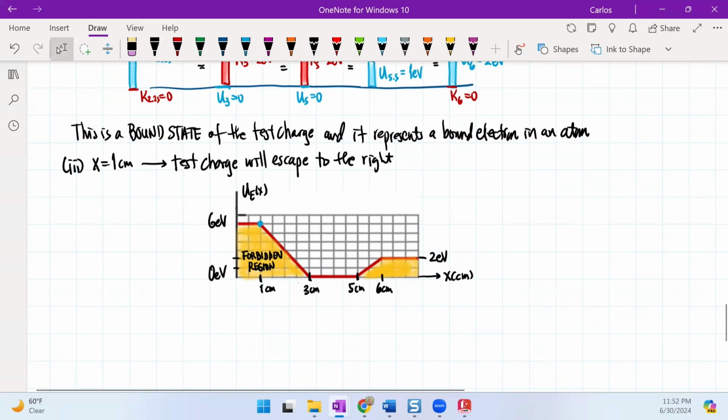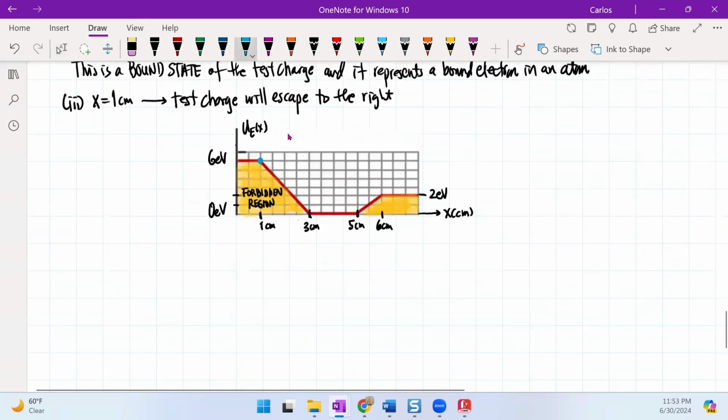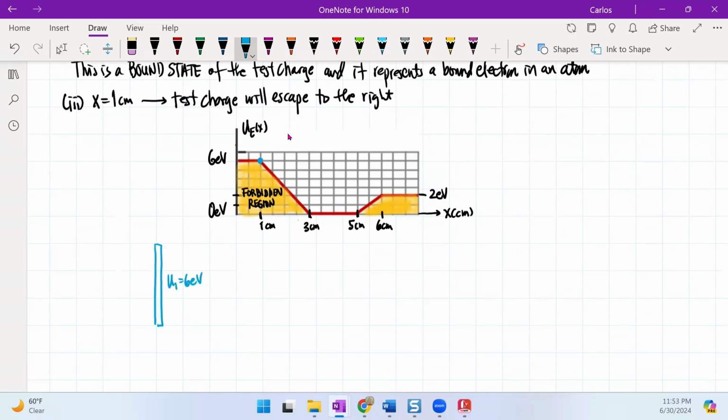You can see that it's higher off the ground, so the potential has to be higher compared to the other case. So now I have a higher potential energy at 1, which is 6 electron volts.